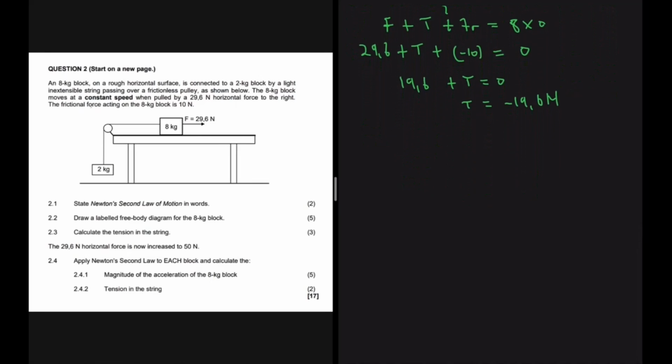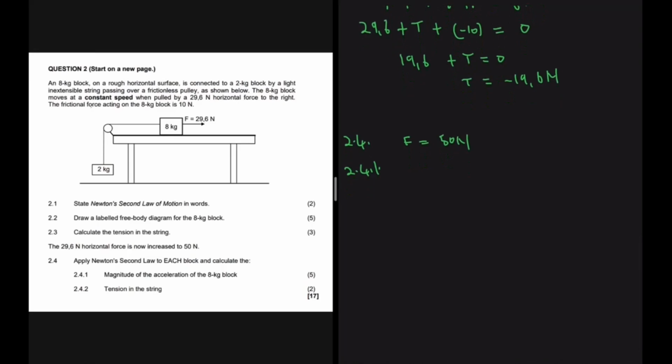So let's move ahead. For 2.4, the force is now increased to 15 Newton, so F equals 15 Newton. 2.4 says apply Newton's second law to each block and calculate them. 2.4.1 asks for the magnitude of the acceleration of the 8 kg block.